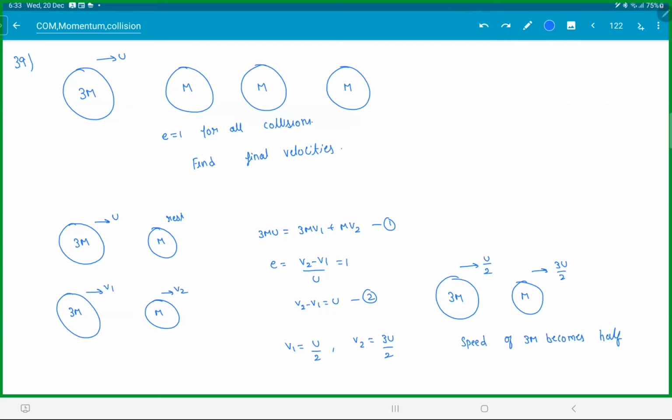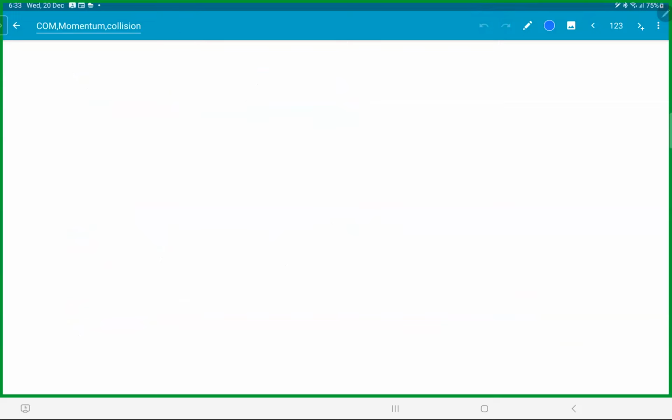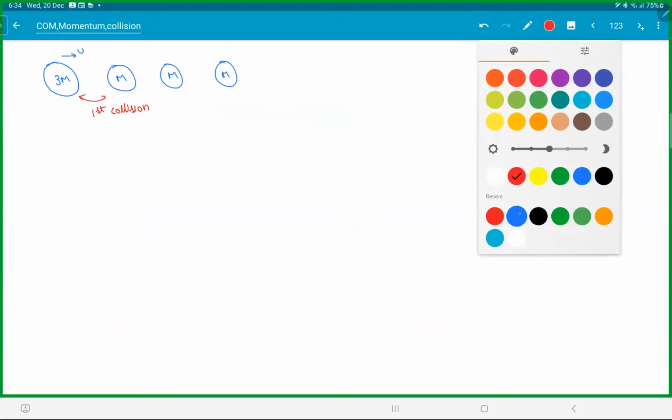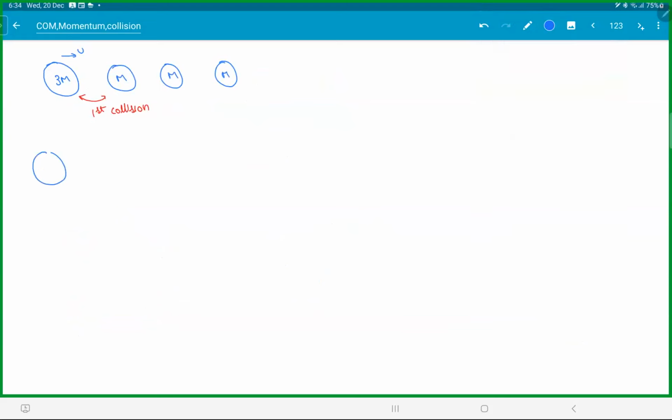Now see what happens. We just need to trace the whole thing. 3m, m, m, m. This guy is going with u. 3m and m, this is the first collision. After the first collision, 3m is traveling with u by 2. 3m didn't stop.